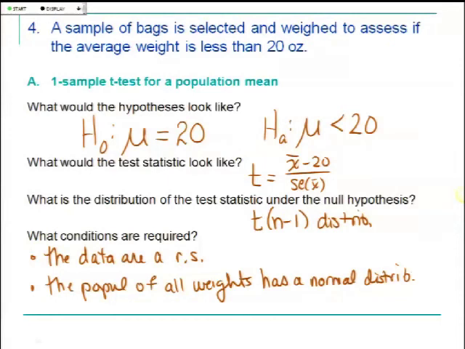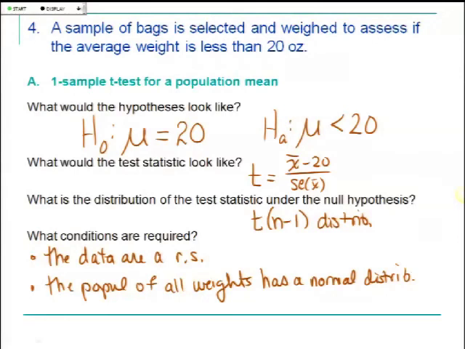I don't always have you check whether you have a random sample, although here would be a good place to have you do that. If I took 30 bags coming off the production line and weighed them and used the results from those 30 bags to test this set of theories, because those bags were produced in a sequence or order, what key graph would you make of those 30 weights?